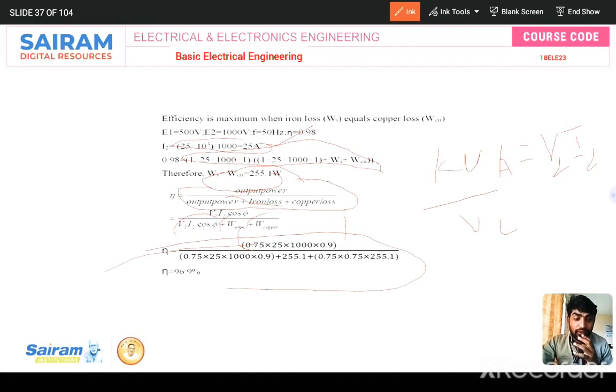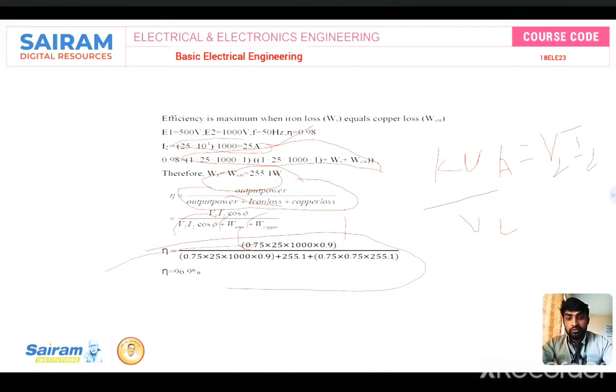I told you while discussing theory itself that transformer efficiency is always above 90%. You will not get less than 90% in the problem solution. If you are getting an answer less than 50 or 60, definitely redo your calculation, and then you will get the exact answer.